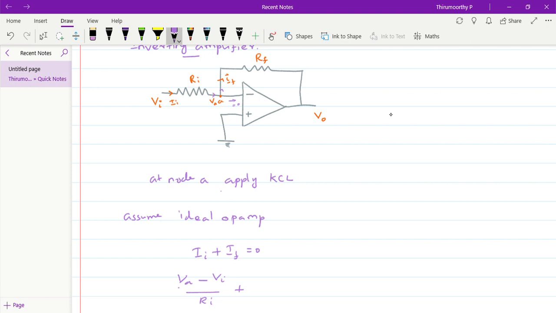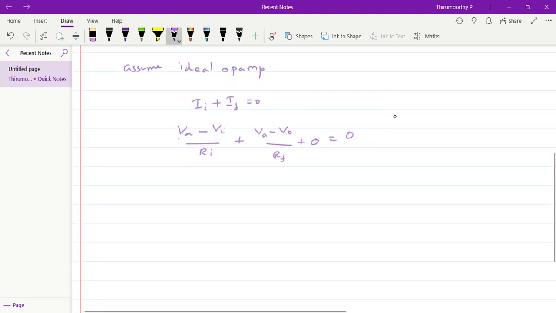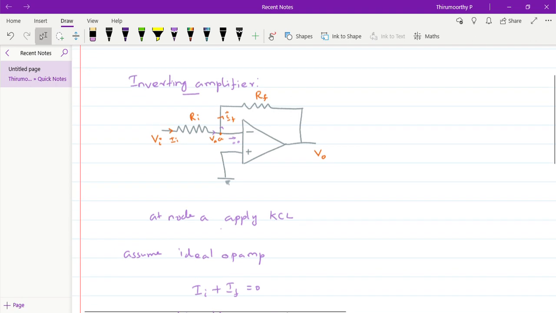Voltage difference is Va minus Vout divided by Rf, plus the op-amp current is 0, is equal to 0. Now the ideal op-amp is going to draw no current, that we have already seen.